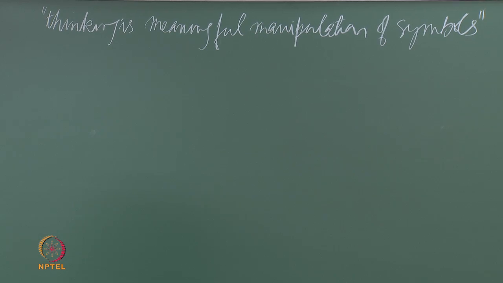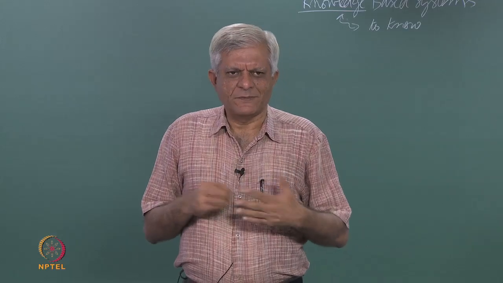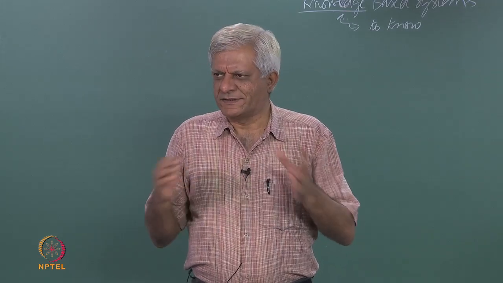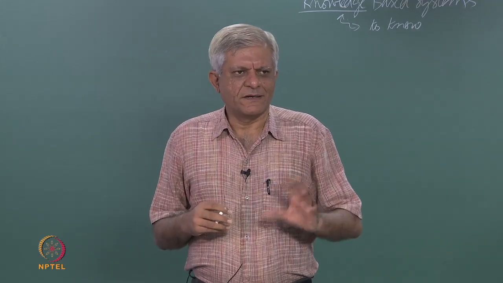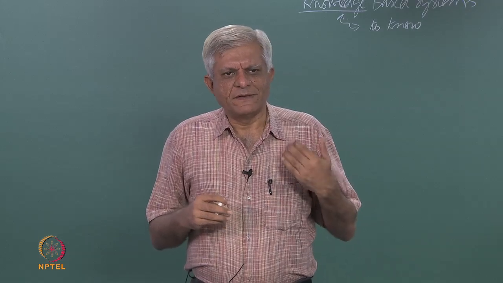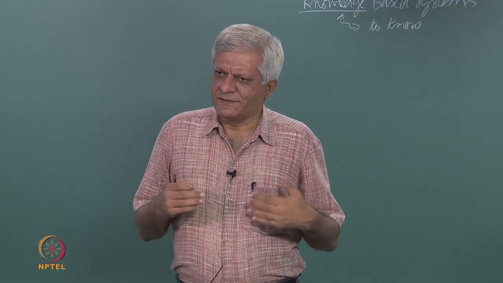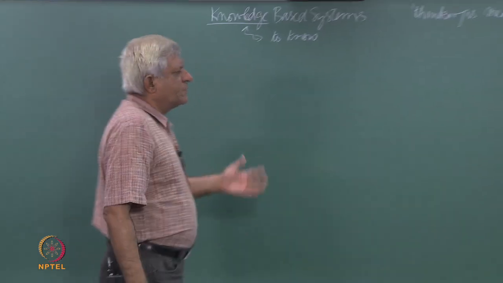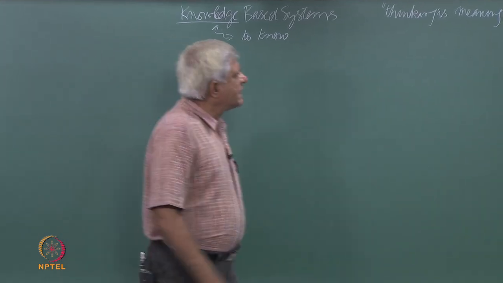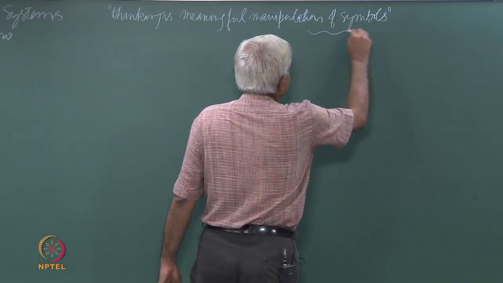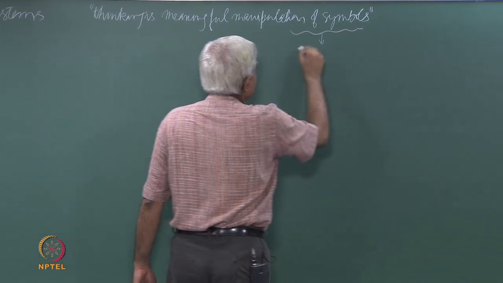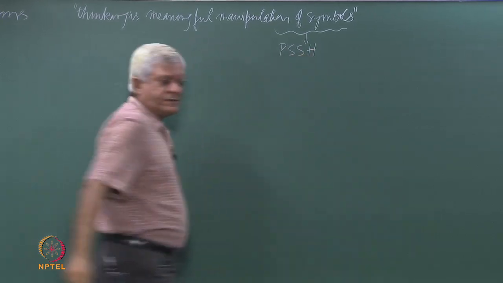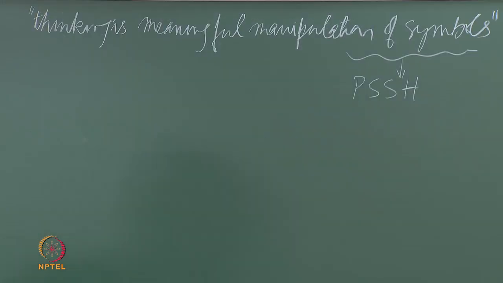Of course, when we did search, we also did meaningful manipulation of symbols, in the sense that we created a representation of the state space, we created a representation of the move gen, and we did some manipulation which would take us from the start state to the goal state. But now we are talking in a more general sense. So, manipulation of symbols.